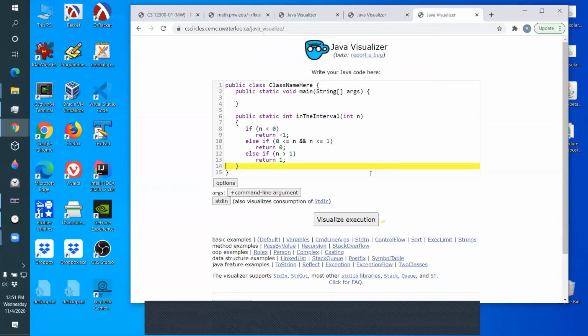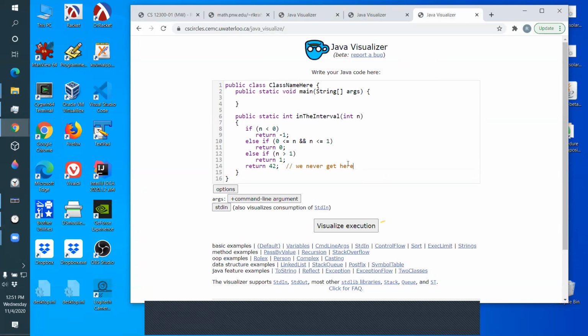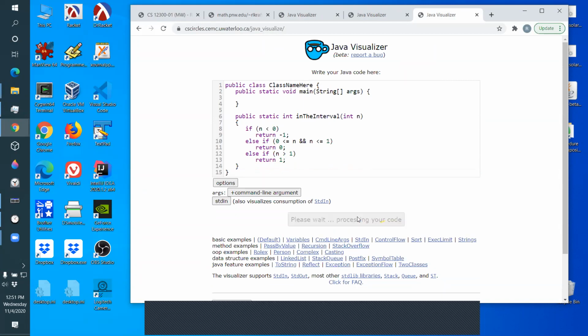If we go back, we had that return statement, but we never get there. On the other hand, if we remove it and we try to compile it, the compiler says, no, you're missing a return statement. The compiler doesn't read this code very carefully. It says, if something's true here, you return this, and if something's true here, you return this, and if something's true here, you return this.